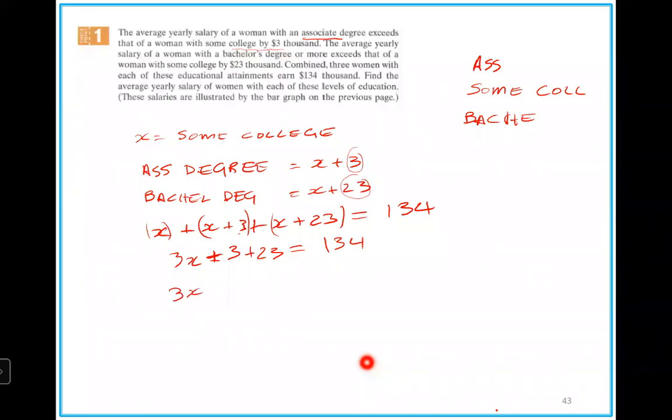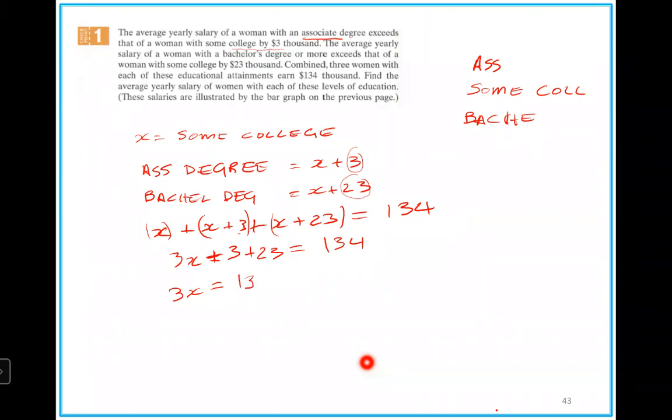So 3x equals... let me see. Can I bring it over?